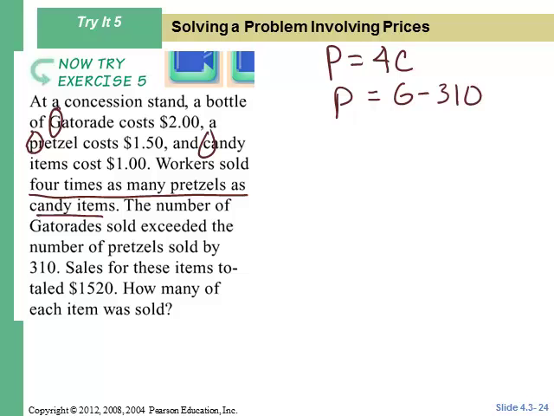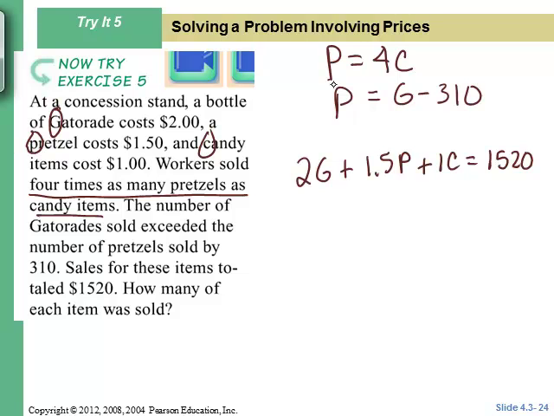Sales for the items totaled $15.20. So 2 Gatorade plus 1.5 pretzels plus 1 candy equals $15.20. So the number of 4 times as many pretzels as candy.